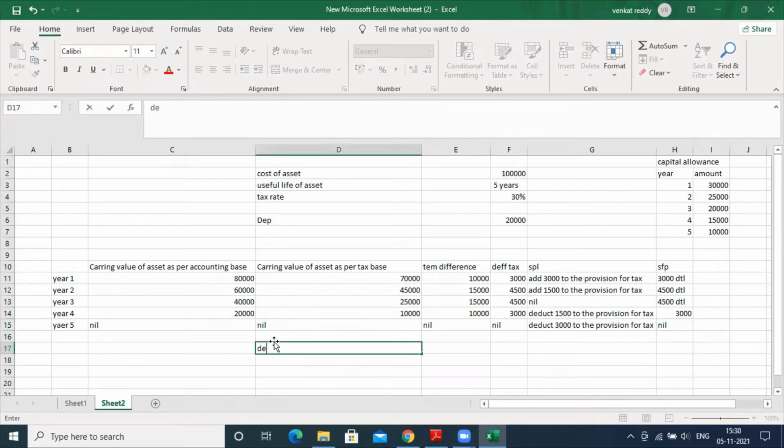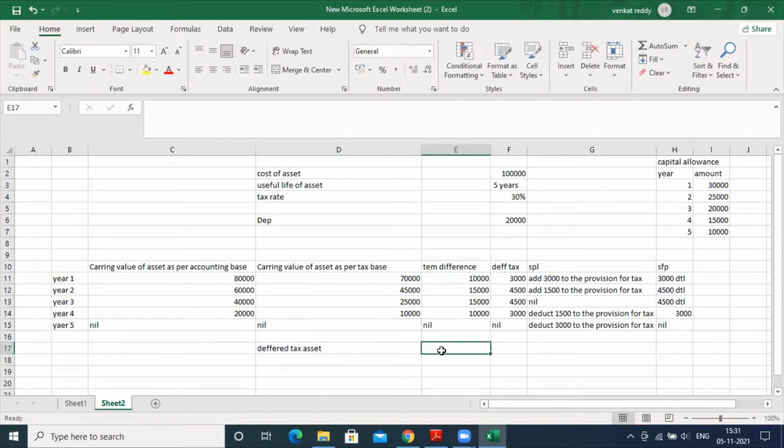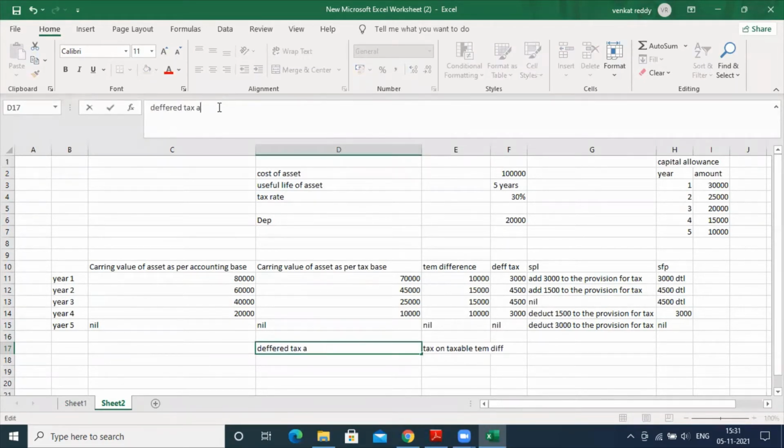And we should also understand the deferred tax asset and the deferred tax liability. So what exactly is this deferred tax asset and deferred tax liability? Tax on taxable temporary difference is known as deferred tax liability.